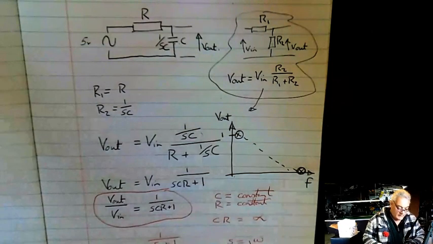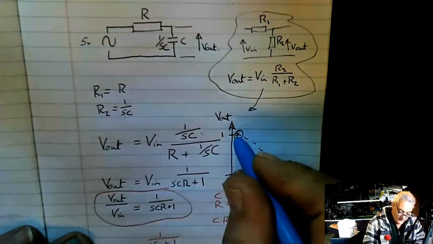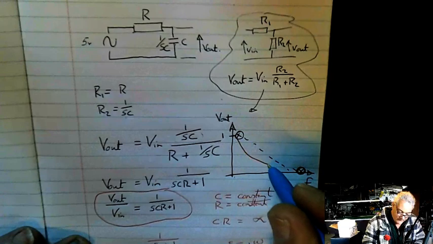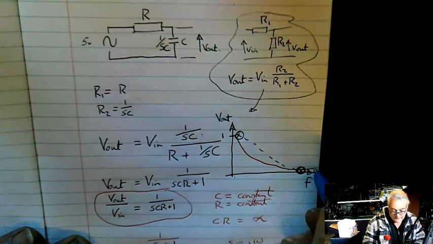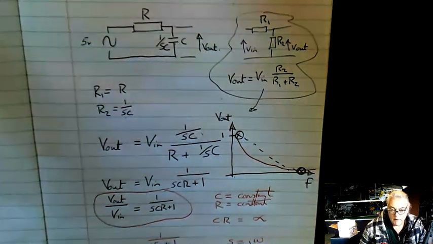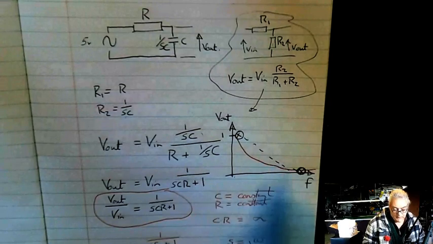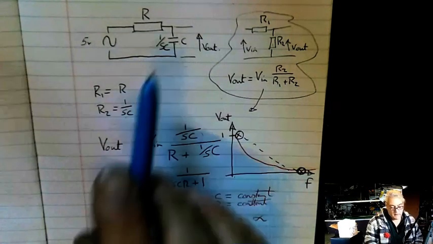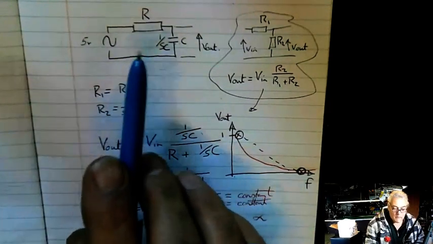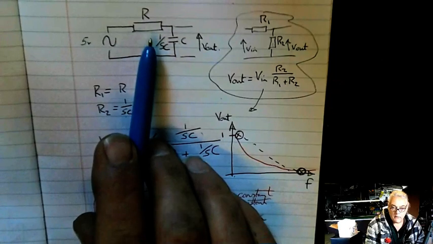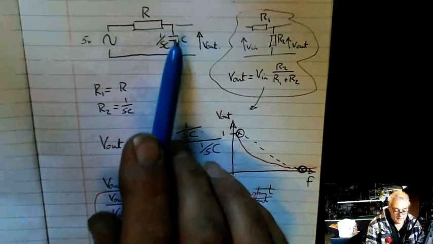Now in actual fact the graph looks more like this because it's exponential, but that doesn't really matter. We've got the two extremes that we're interested in. This circuit will pass low frequency and it will block high frequency.